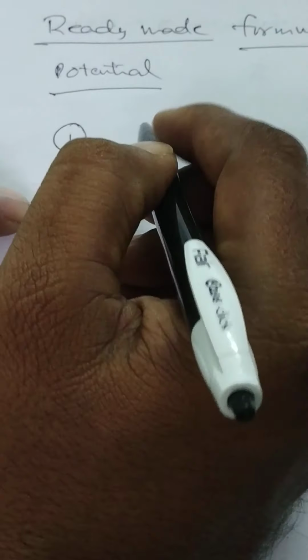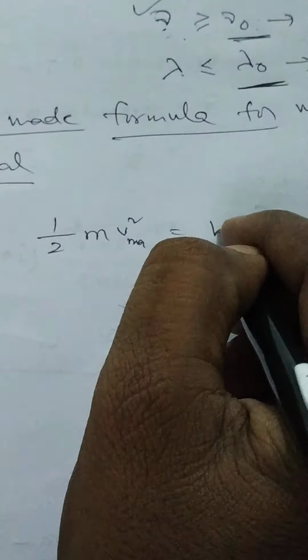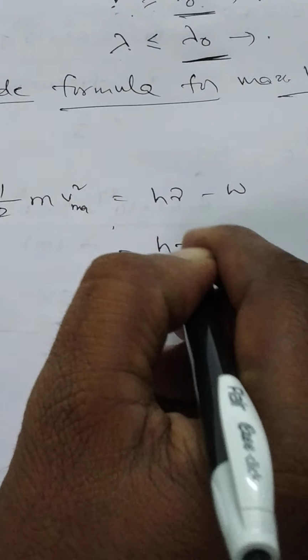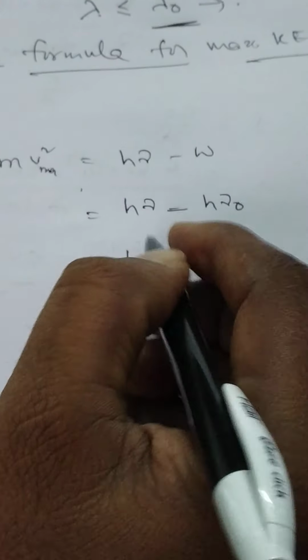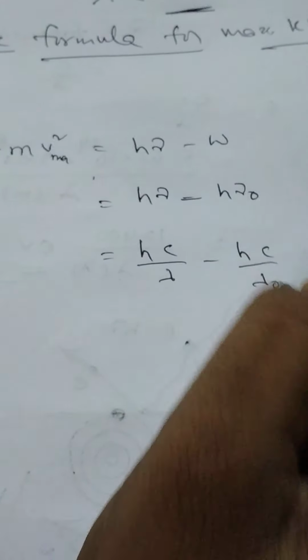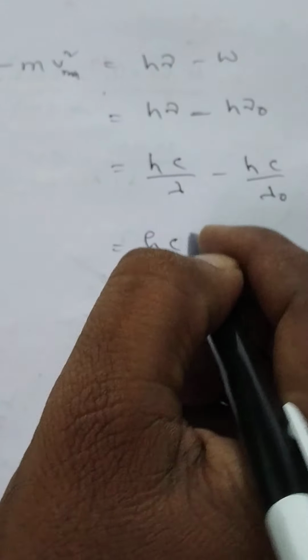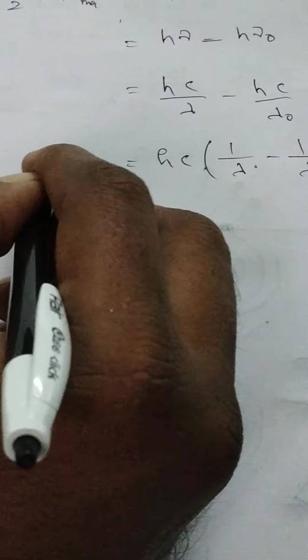From the Einstein photoelectric equation, maximum kinetic energy, half m v maximum square, is equal to h nu minus w, or h nu minus h nu naught, where nu is replaced by c by lambda and nu naught is replaced by c by lambda naught. That is equal to hc into 1 by lambda minus 1 by lambda naught. This is the maximum kinetic energy of the photoelectrons.